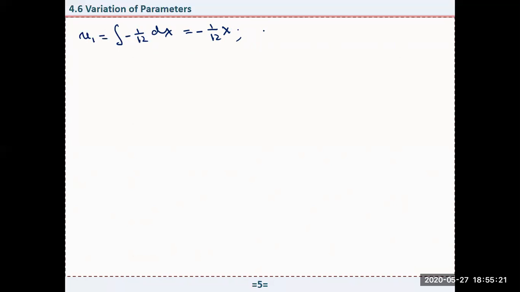All right, and how about u sub 2, that is the integral of 1 over 12 cotangent of 3x dx. Now if you evaluate this, it is equal to 1 over 36 times natural logarithm of sine 3x, right?